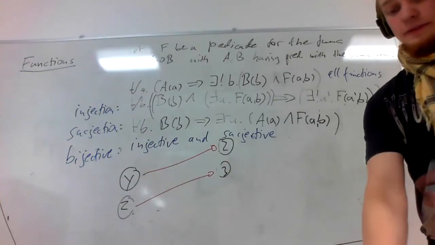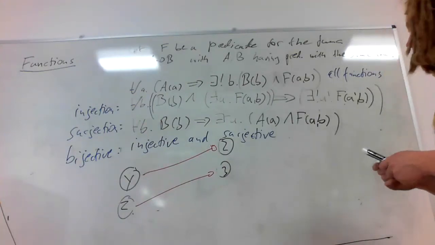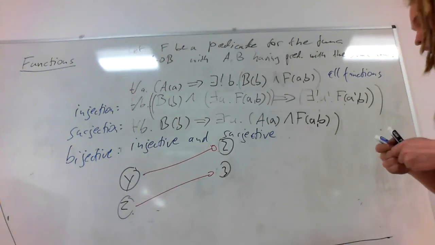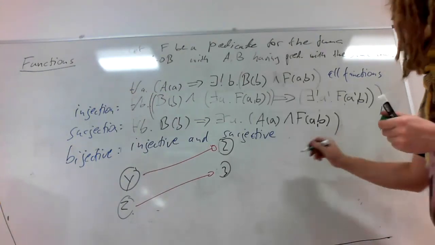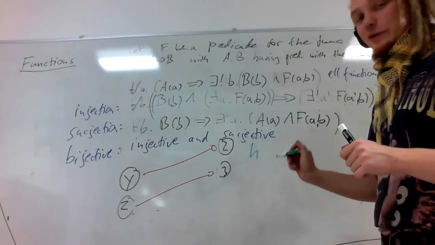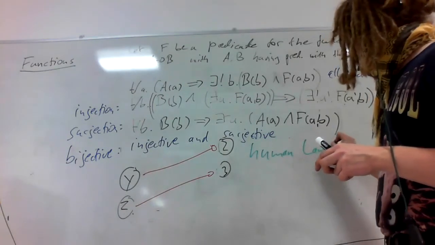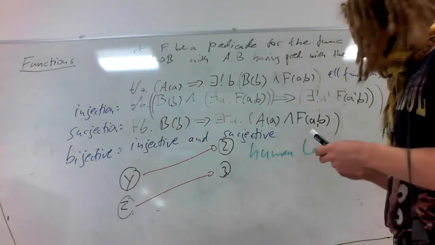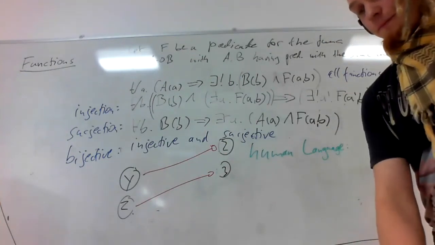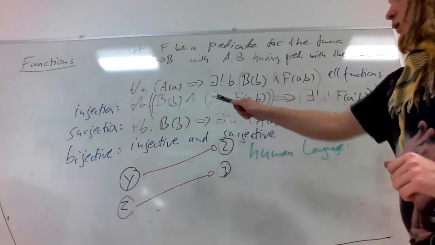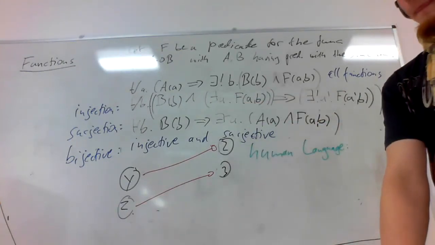Actually, let me give you some human language examples of what we can say from injection. Let's go over to a segment that we call human language. Let's start with injective.